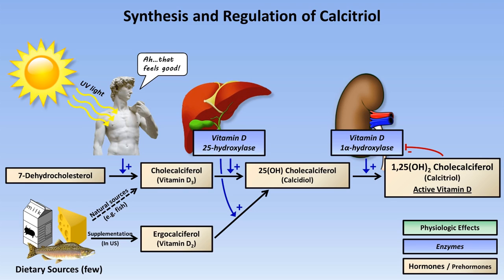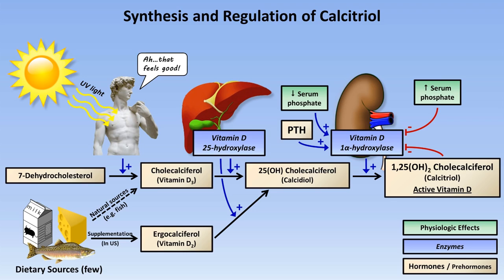And an important link between calcitriol and PTH is that PTH increases the activity of 1-alpha hydroxylase. In addition, low serum phosphate also stimulates this enzyme, and it's inhibited by high serum phosphate.